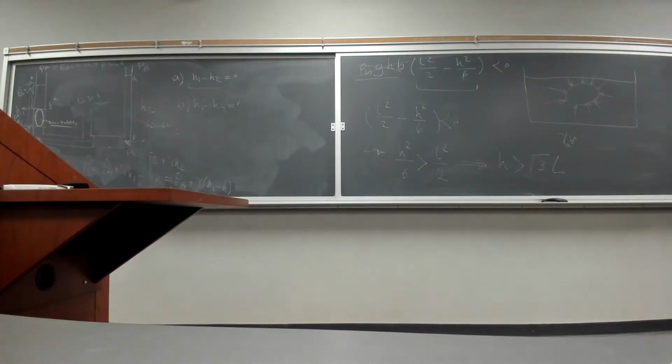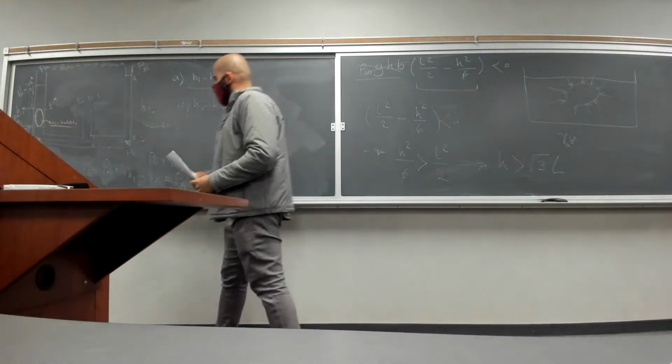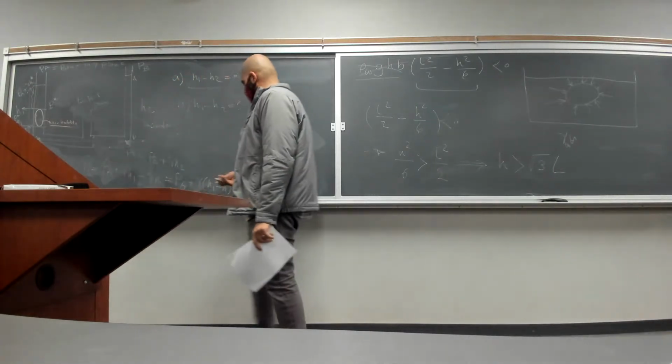Is this clear? So if we didn't have the air bubble, the pressure would have been P1. The presence of the air bubble is essentially introducing a buoyancy force in the opposite direction. Okay? So these two, the pressure 1 and pressure 2, are equal.